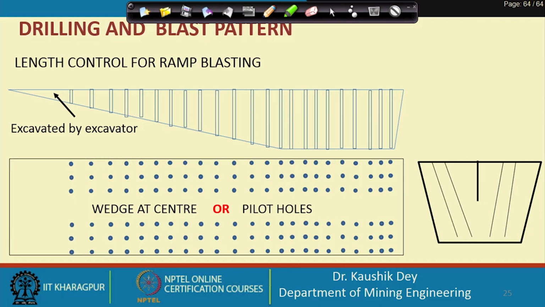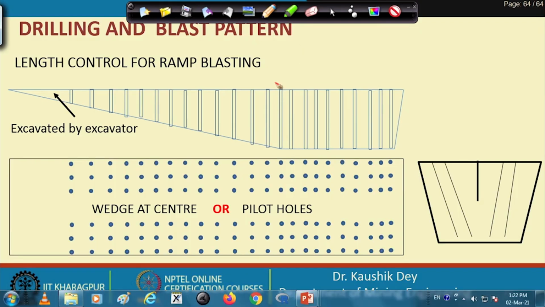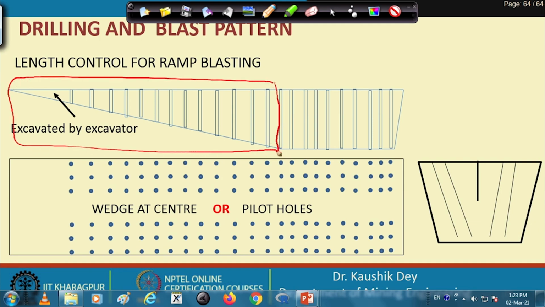This is the pattern in general followed in a box cut. So, this is for the ramp part, up to this is for the ramp part, and here the drilling length depends on the ramp height you have to maintain. So, this is the drilling length.